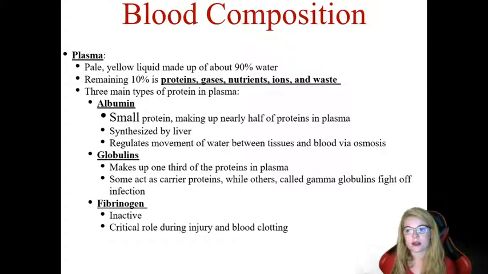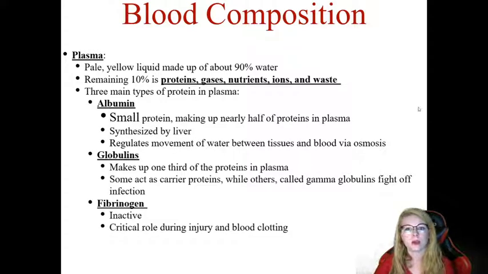And so there's always this kind of influx of water coming in and out. But despite this, even though plasma is 90% water, the level of plasma within our blood stays really constant. And so there are many mechanisms in place that keep that constant despite our water intake or our water excretion levels. Okay.